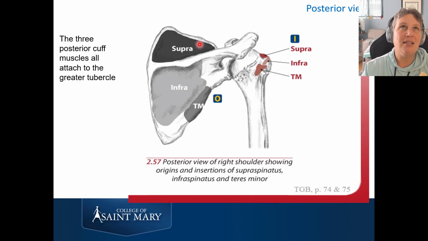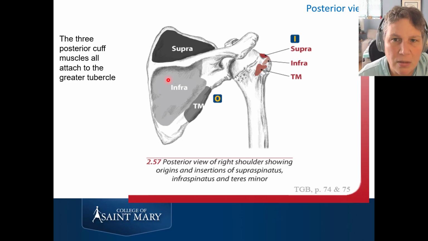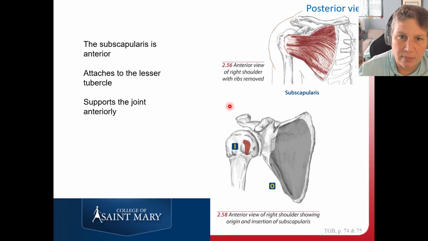Attachments is a general name for the insertions and origins. We can see here, all of these, if we pull it this way, it's going to rotate externally the humerus. What's different about the subscapularis is that this is going to internally rotate the humerus.